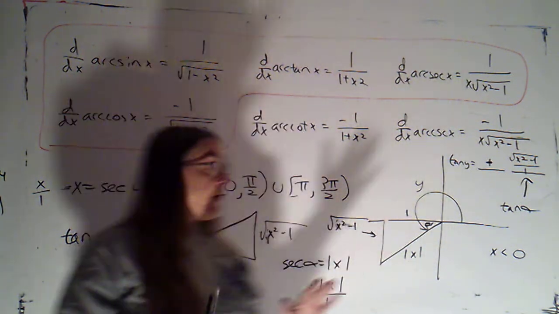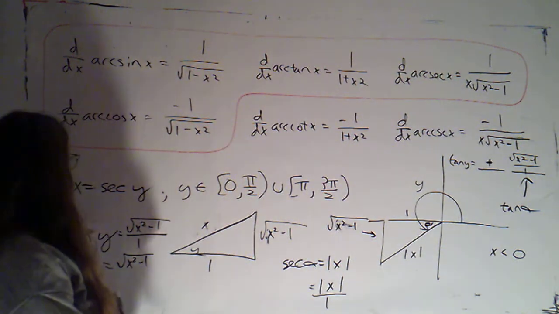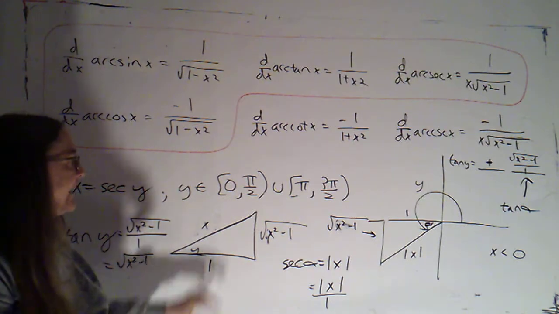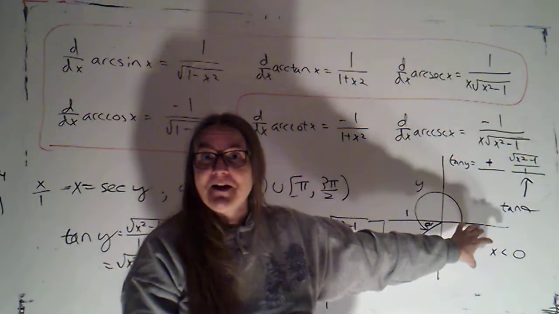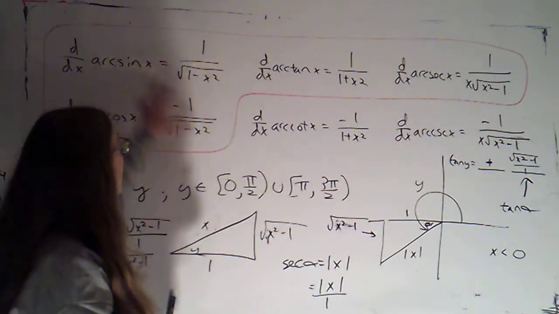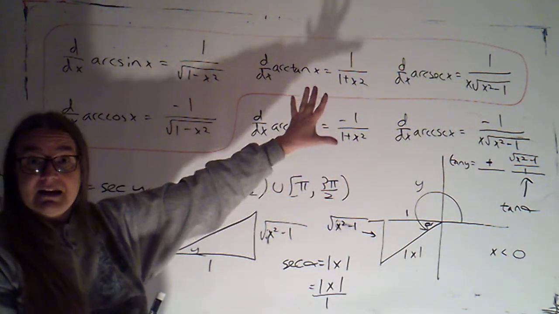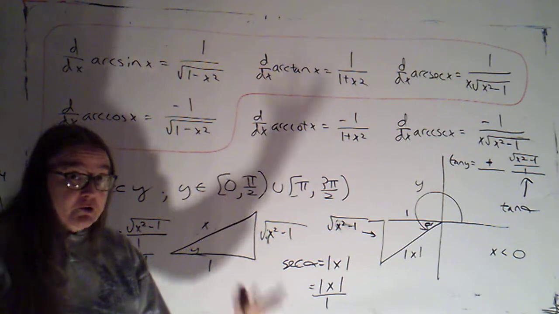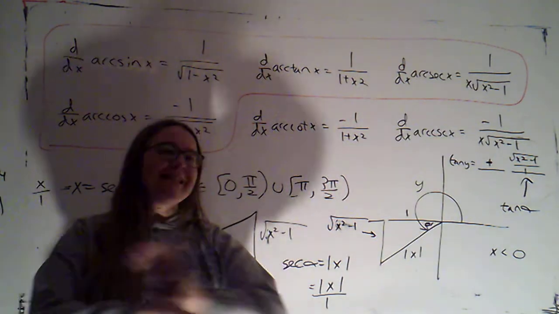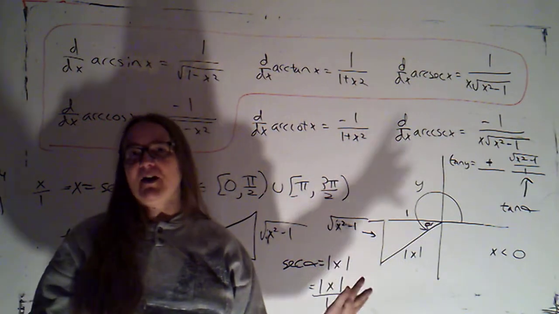So I have no problem with you figuring out, if you know that x is secant y, with you figuring out what tangent of y is by drawing triangles, plural. But you gotta draw two. And the same holds for any of these. If you are working in two quadrants, drawing one picture where your angle is acute doesn't prove anything for the second quadrant.